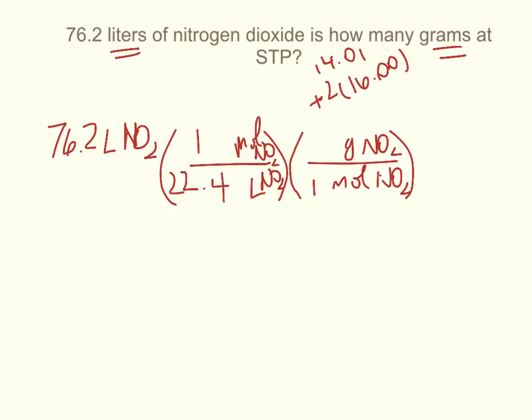And when I do this addition problem, what I end up with is 46.01 grams of NO2. And so I'm going to take that 46.01, multiply it by 76.2, divide by 22.4, round it to 3 significant figures since that's what we started with, and I got 157 grams of NO2.